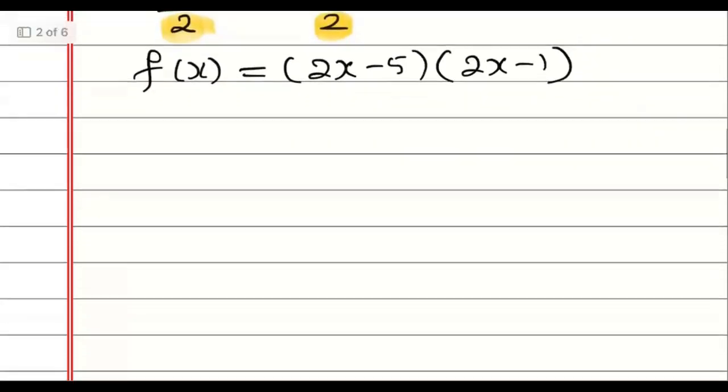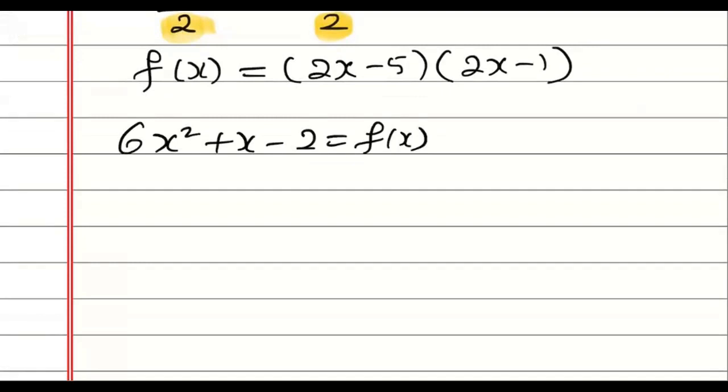One more example, f(x) equal to 6x² plus x minus 2. First, find the product of the coefficient of x² and the constant, which is minus 2. 6 into minus 2 is minus 12.